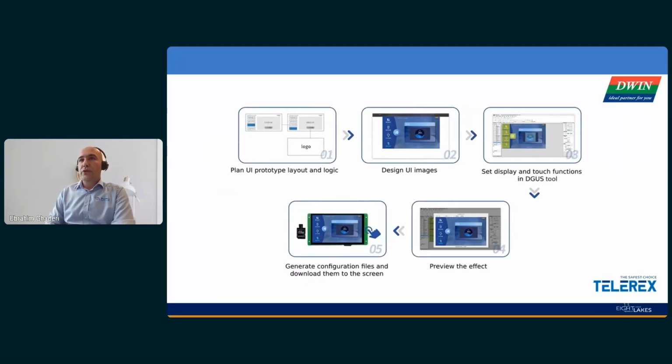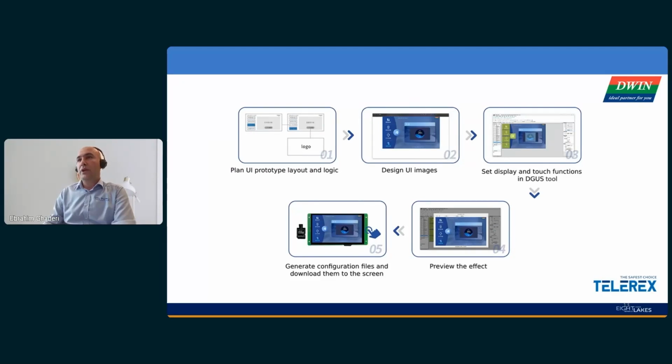So how do you start with programming these displays? Of course, just like probably all smart displays, you start with defining your logos, your icons, background images, etc. And it is better to have a strategy or a plan to design your GUI.